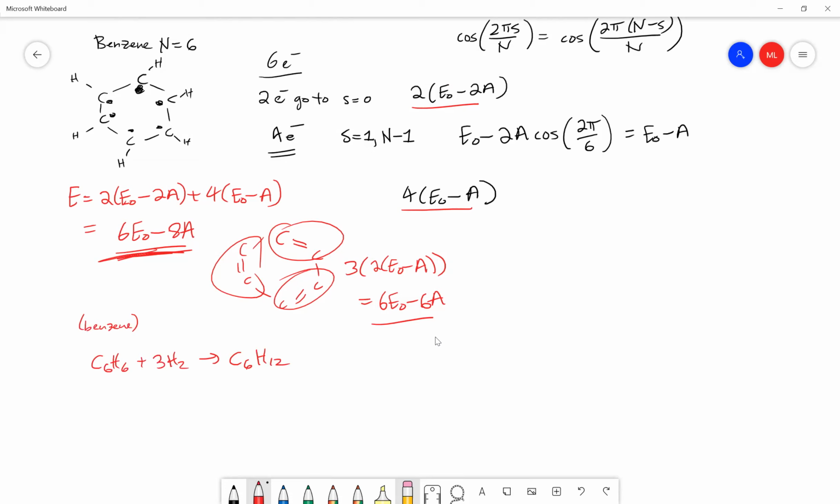And what's C6H12? That's 6 carbons, and now each carbon has 2 hydrogens attached. So all of the electrons are paired off in the sigma bonds. It completely breaks up the double bonds between the carbons.